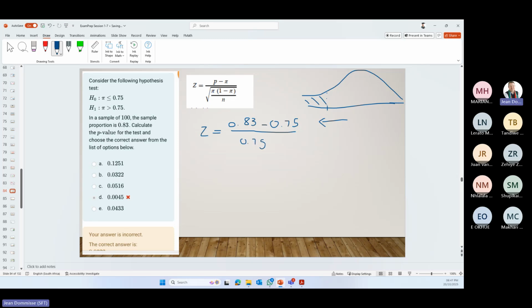So let's just see. That n is 100. Let's quickly see what that comes out to. 0.83 minus 0.75. That already gives me a positive.